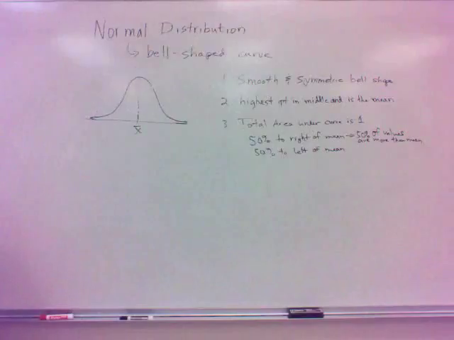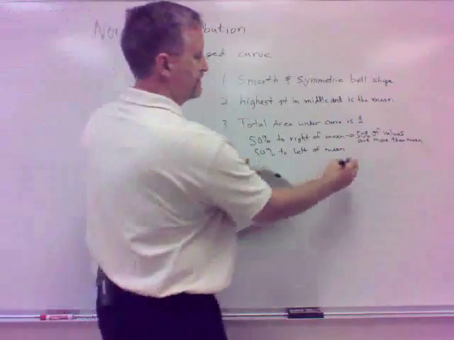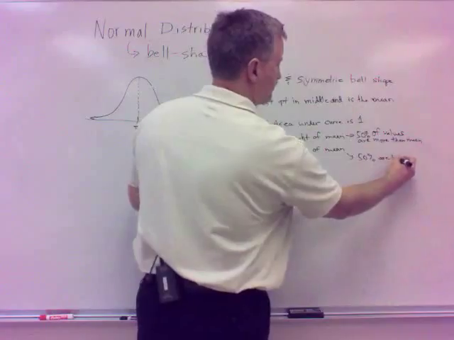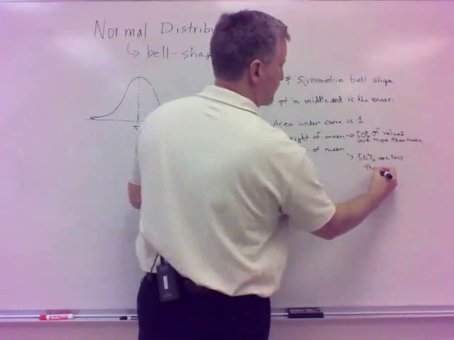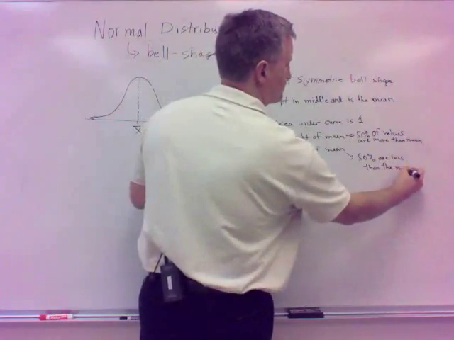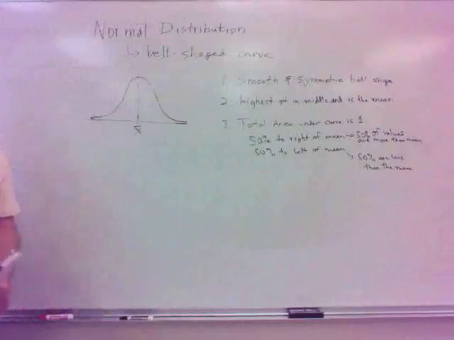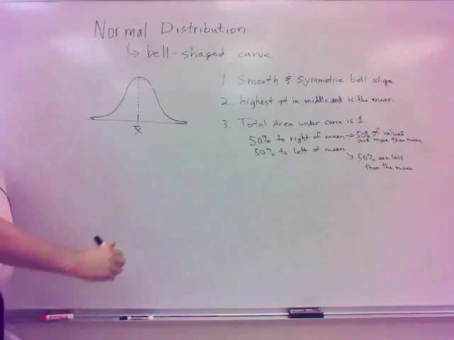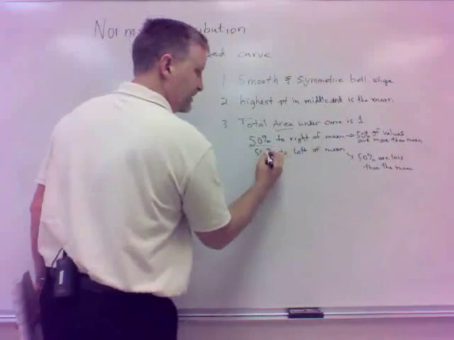50% of the values are more than the mean, and of course this would mean 50% of the values are less than the mean. Okay? So make that connection between area and percent.